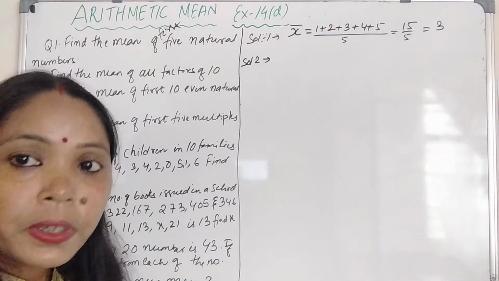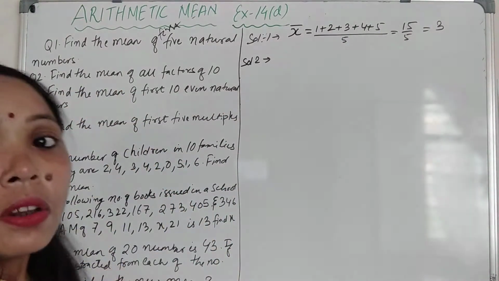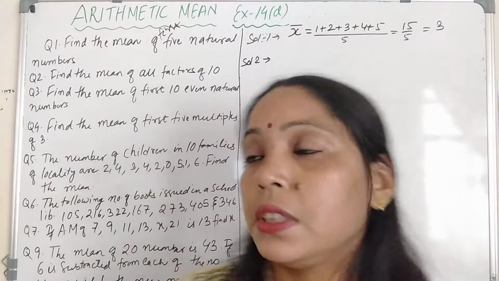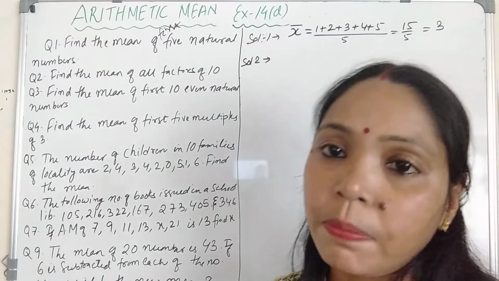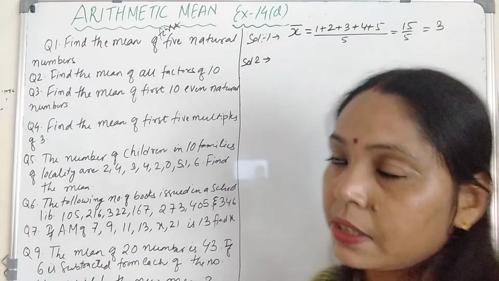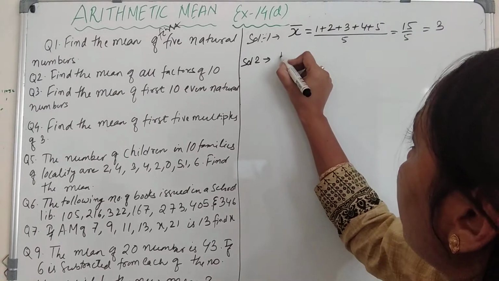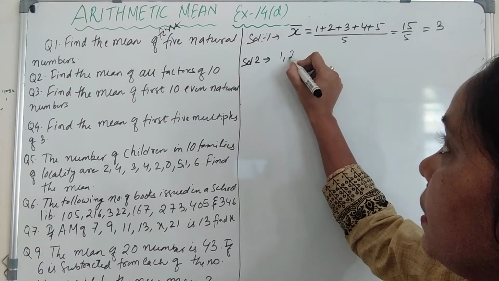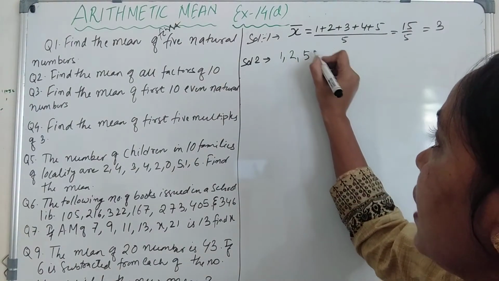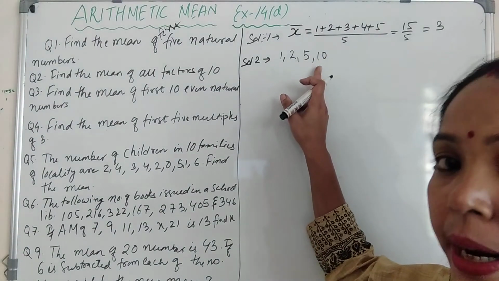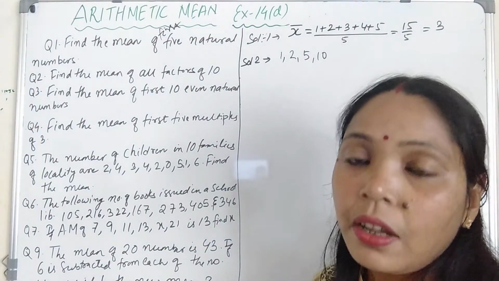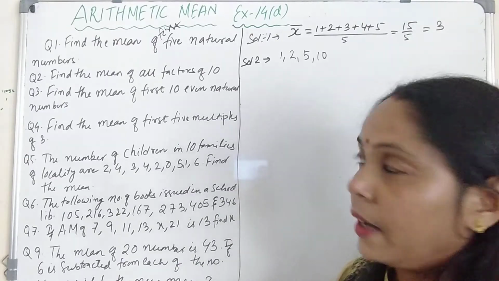Now see the second one. Find the mean of all factors of 10. It means in which multiplication tables 10 comes. 10 comes in table 1, then table 2, then table 5 and 10. It means 1, 2, 5 and 10 are the factors of 10.